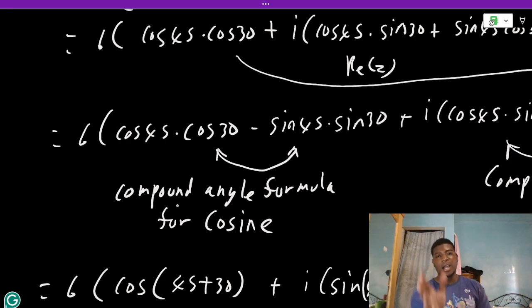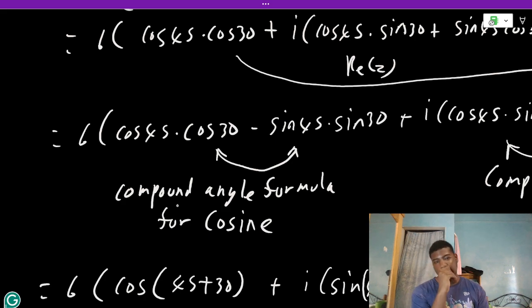The cosines and sines of the two complex numbers end up forming compound angles with each other.